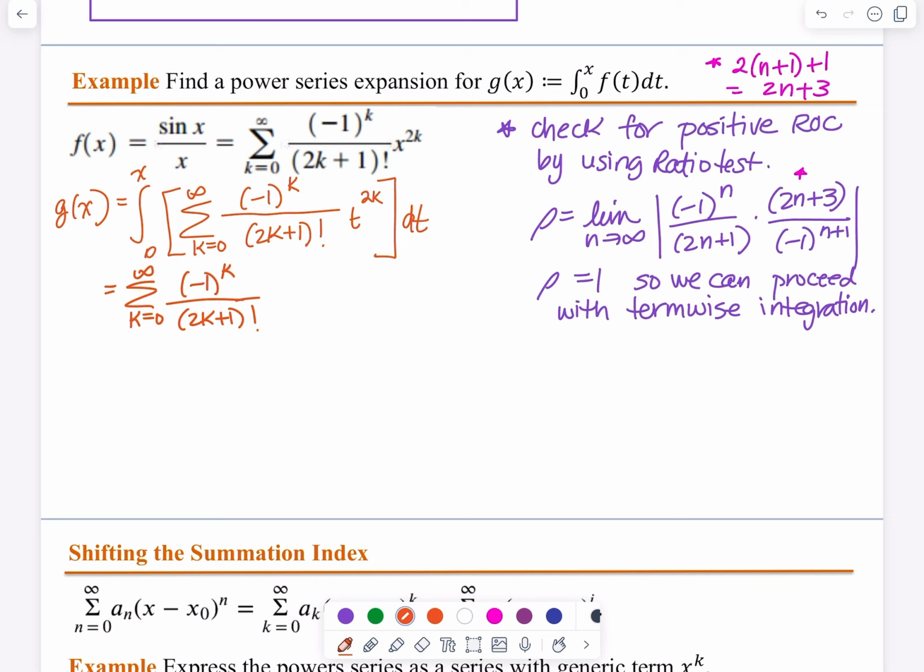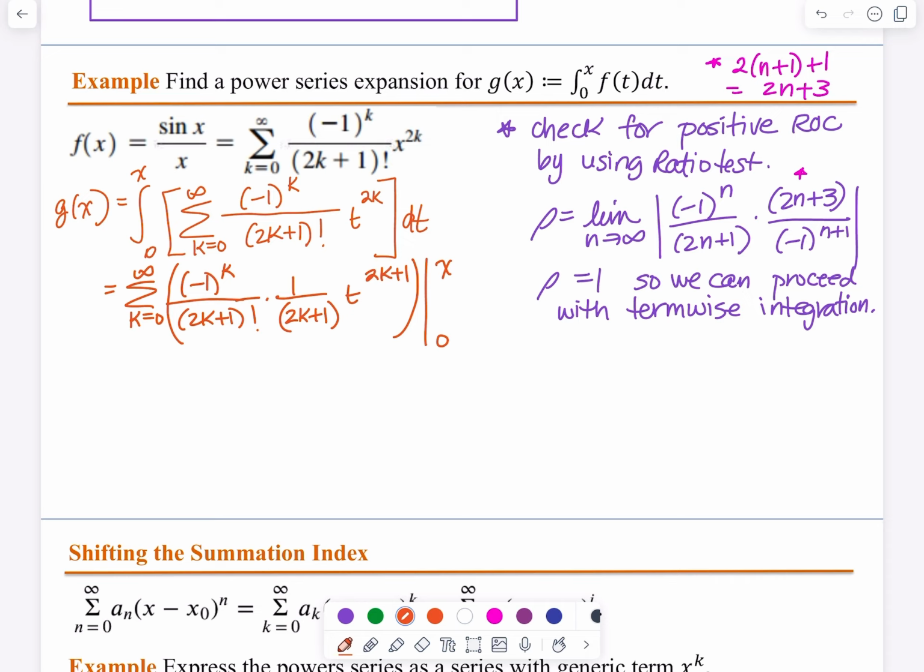So now let's bring our 2k plus 1 in the denominator multiplied by t to the 2k plus 1. Add 1 and divide, and we are going to evaluate that from 0 to x. And if you want to put all of that in parentheses, we can.